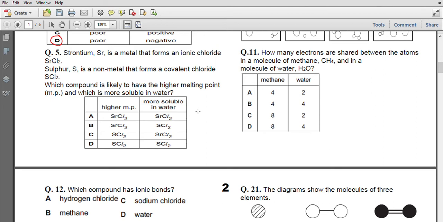By keeping the general properties of ionic and covalent compounds, we can say that ionic compounds, due to their giant ionic lattices, have high melting points. So the strontium chloride, which is an ionic compound, must have a high melting point. Secondly, ionic compounds are also more soluble in water as compared to covalent molecules. So we can say A is the right option.